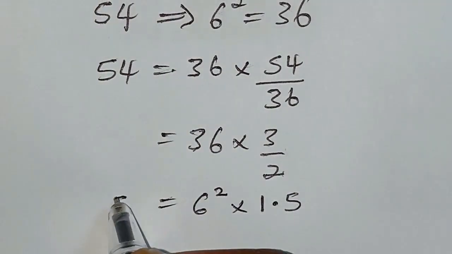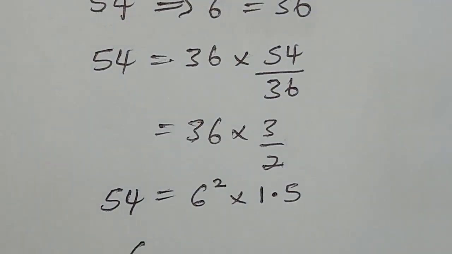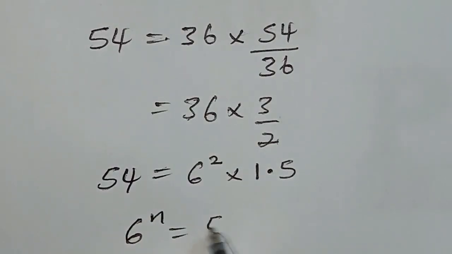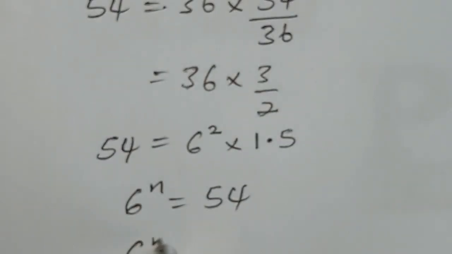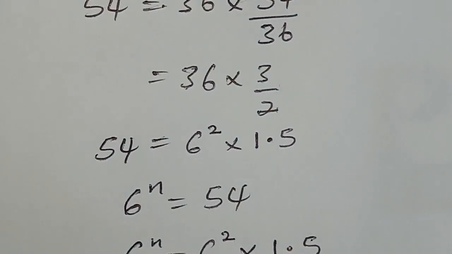So don't forget, we are equating this to be 54. So from our earlier question, which is 6 to the power of n equal to 54, we replace this with this, and we have 6 to the power of n equal to 6 to the power of 2 multiplied by 1.5.